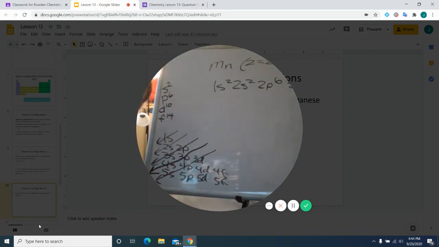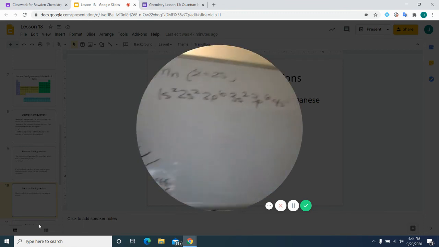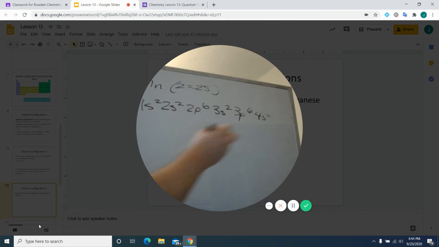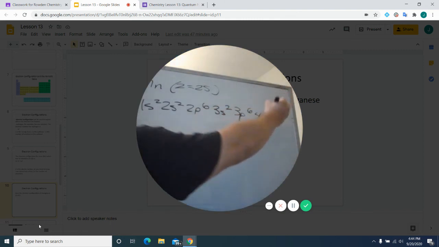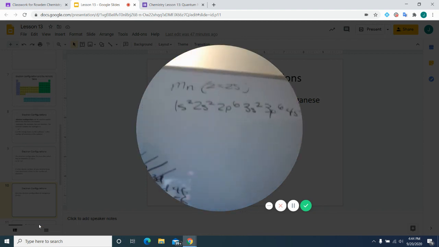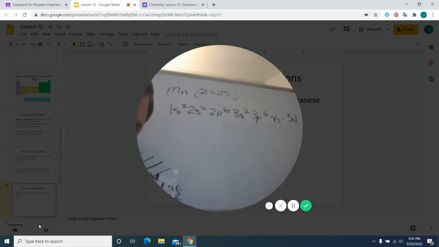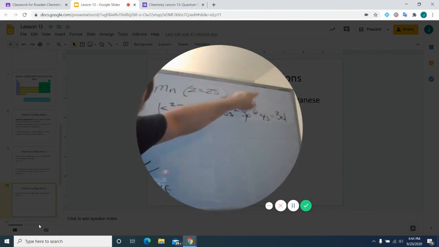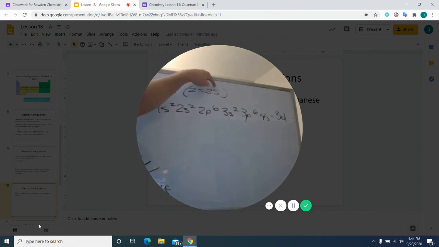It's going to go through 3d. So we're going to have 3d right here. And for 3d, let's look at what we've done so far. We have 2, 4, 10, 12, 18 in total, and we only need to go up to 25.